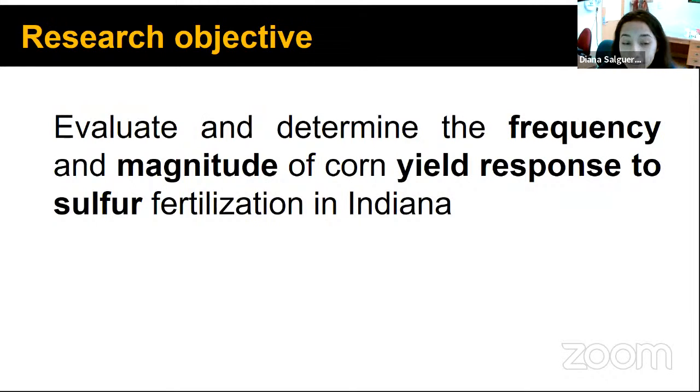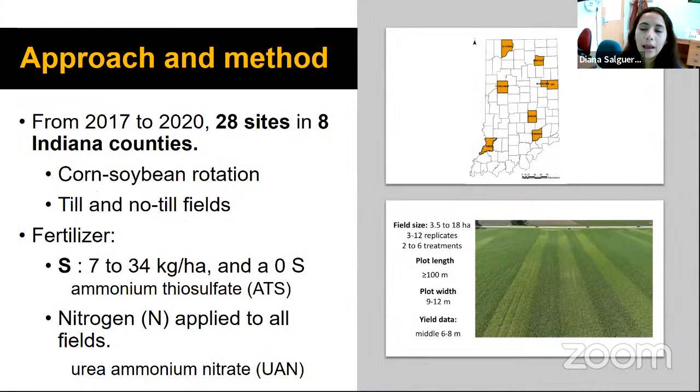The objective of this research has been to evaluate and determine how often and how much corn yield benefits from sulfur applications in Indiana. The way we are going to respond to that objective is by having experiments throughout the state of Indiana.